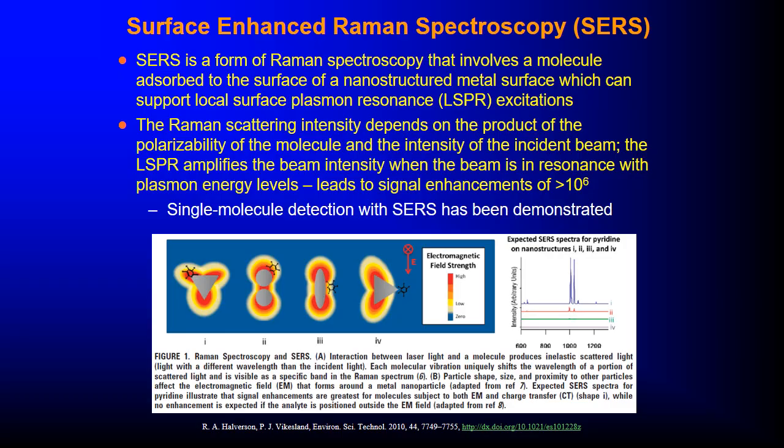The local surface plasmon resonance amplifies the beam intensity when the beam is in resonance with plasmon energy levels. Then this leads to signal enhancements.